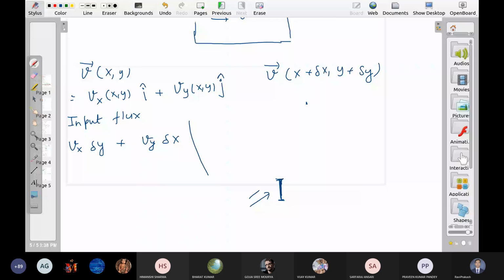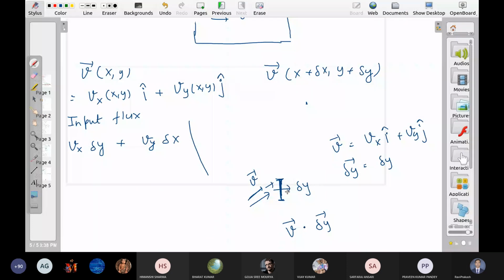The length of this line is delta y, and let us say this is a constant vector, vector v. Vector v is vx i cap plus vy j cap. So how much is the flux passing through this window? Vector v dot delta y, right? What is the direction of delta y? Perpendicular to the area, which means i cap, right?